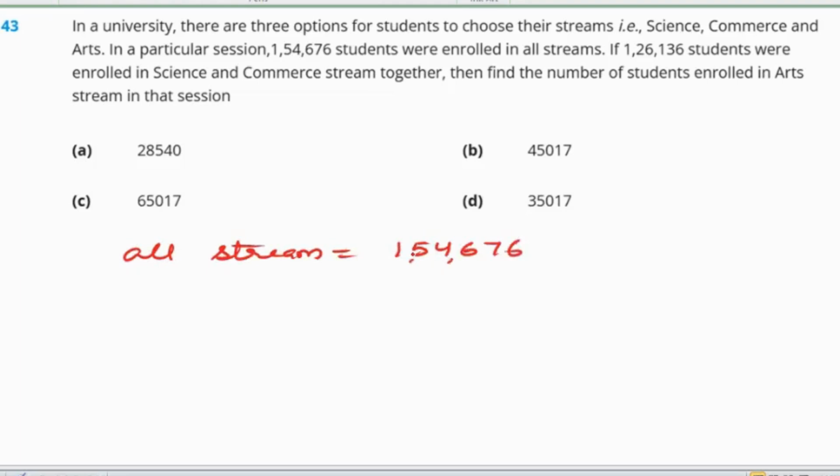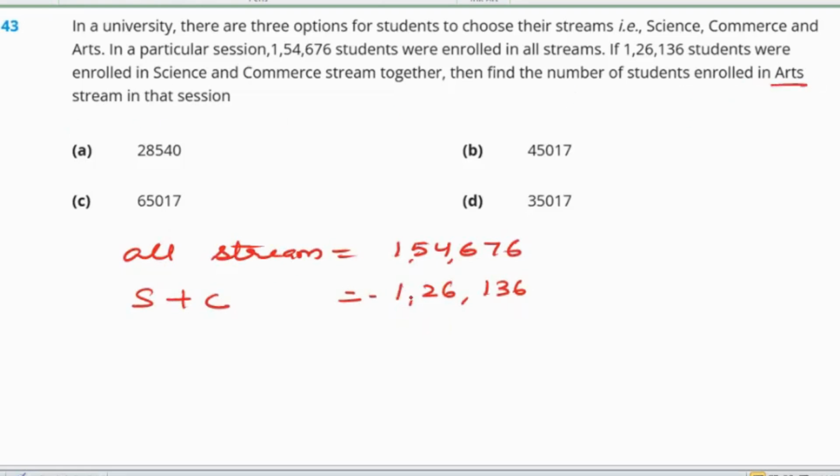Out of that, 1,26,136 students were enrolled in science and commerce together. We need to find the number of students enrolled in arts only.